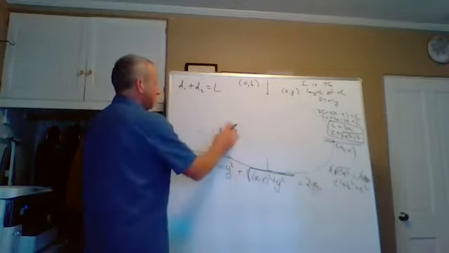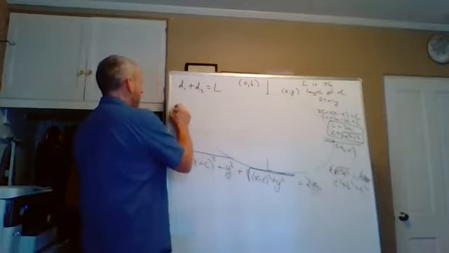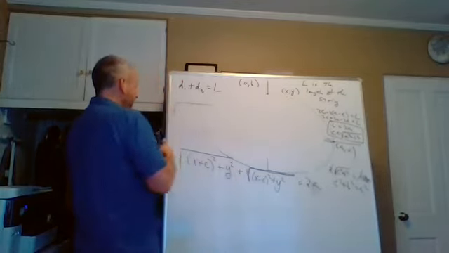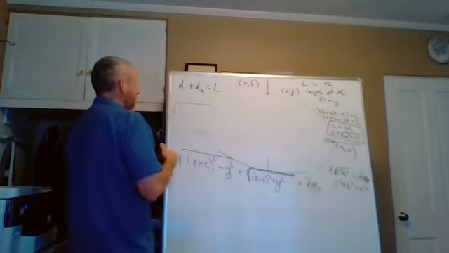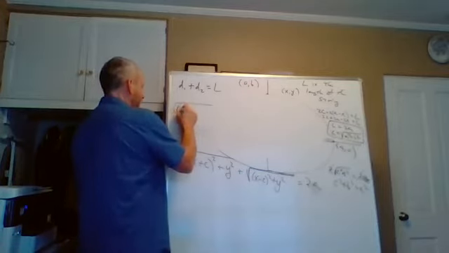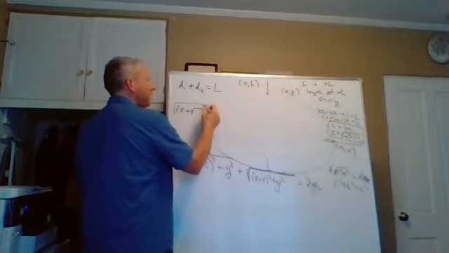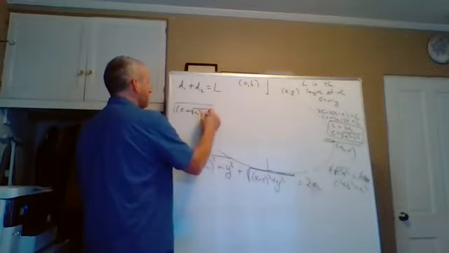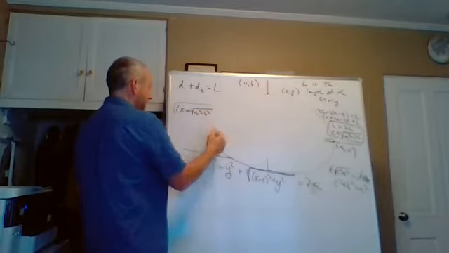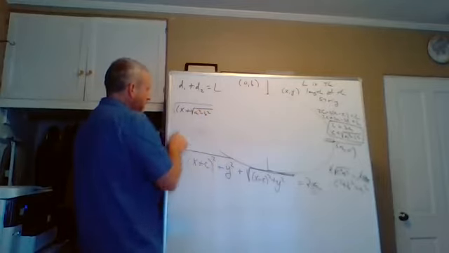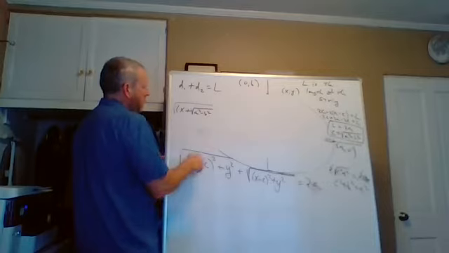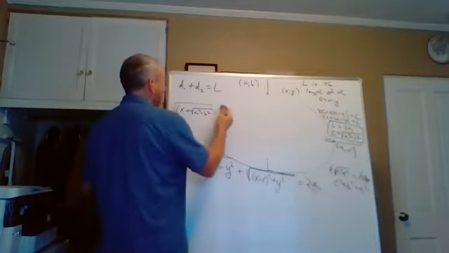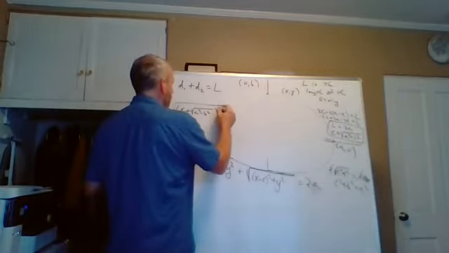So let me do this. Ready? Square root. That's that square root right there. X plus the square root of A squared minus B squared. Now look, that parentheses is there, X is there, plus is there, C is there, parentheses, squared.